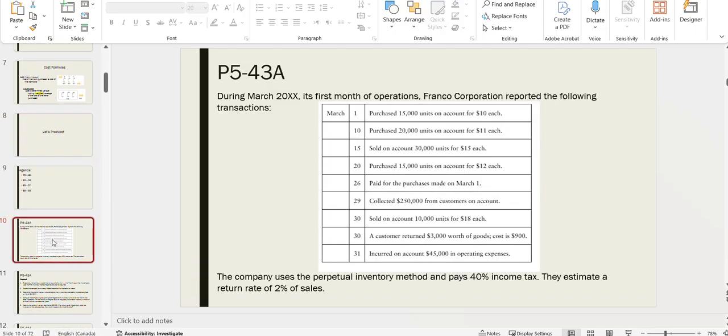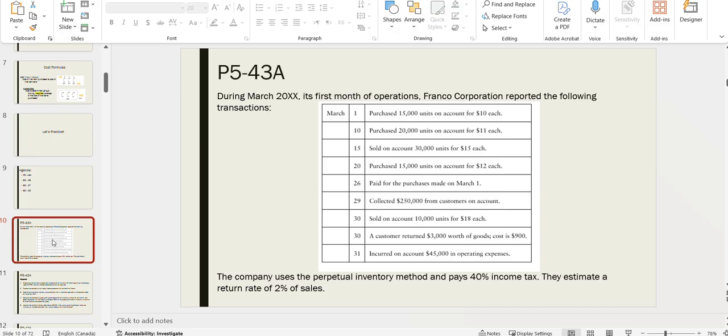So you uploaded and submitted the P5-43A question. So I want to work on it. In this question, you can see that during March 20, its first month of operations, Corporation reported the following transactions.